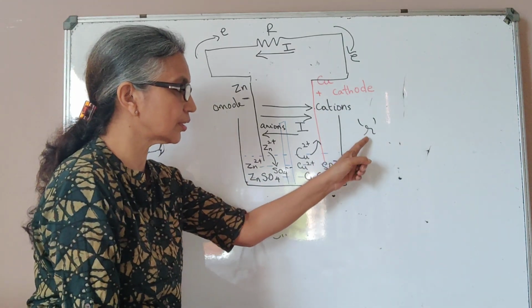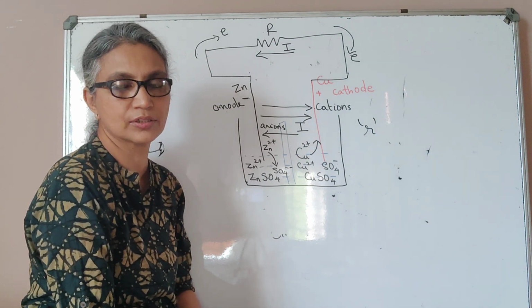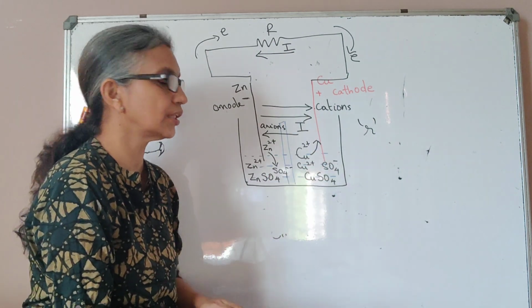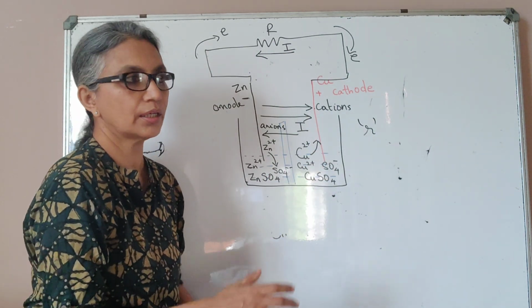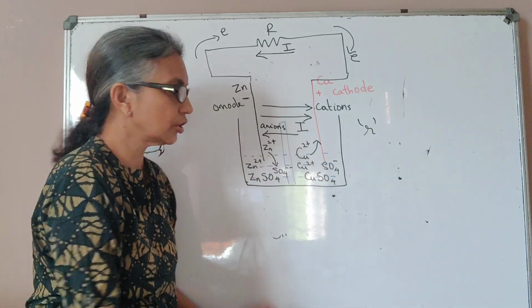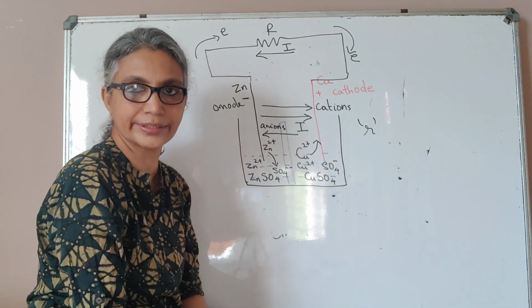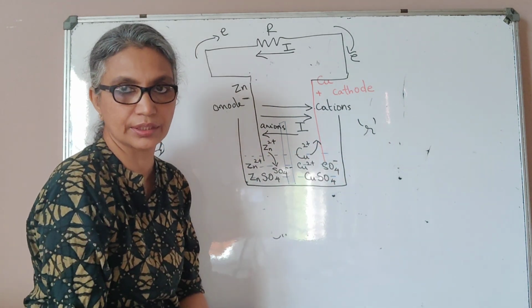What we are now discussing is the internal resistance of a cell, the factors that determine the internal resistance of the cell. First of all, the internal resistance of the cell is dependent on the nature of the electrolyte, because this electrolyte is dissociating to give you the positive and the negative ions, which are the charge carriers.